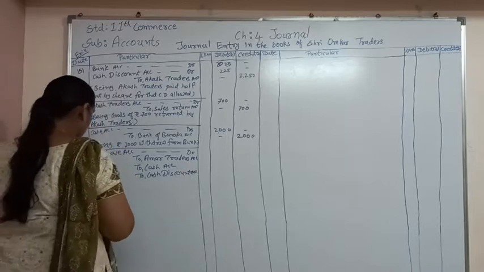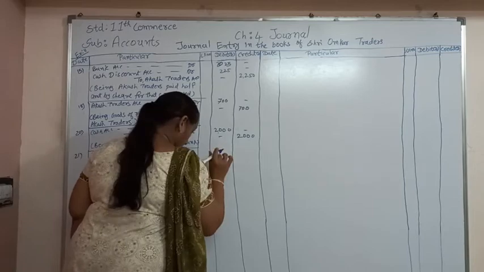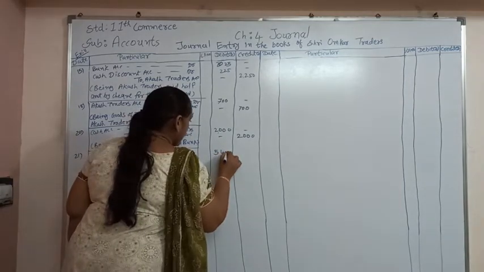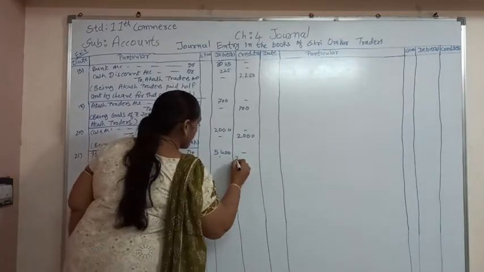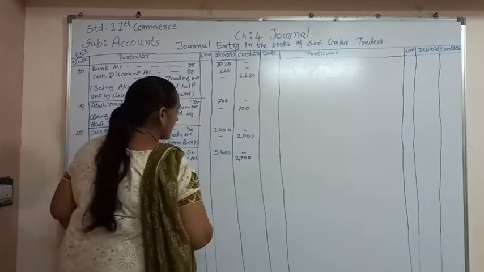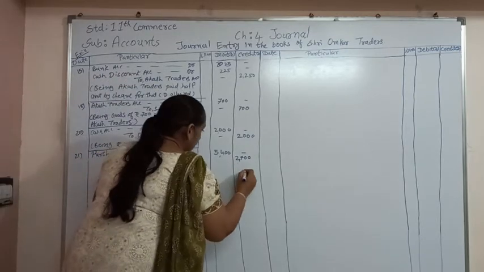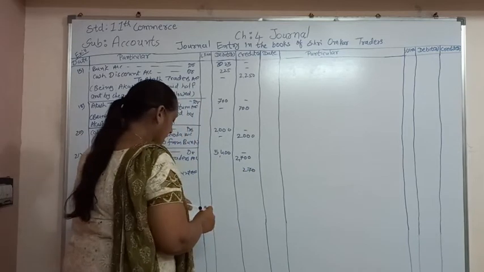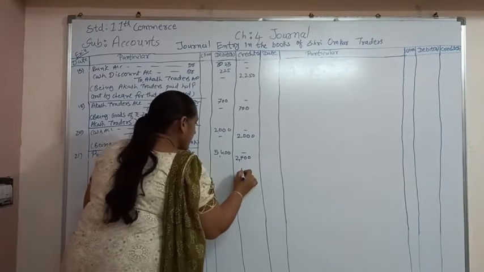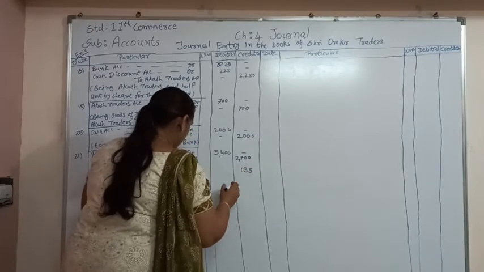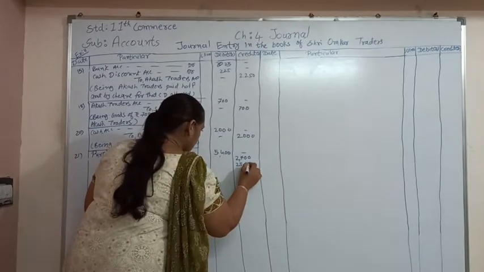So here goods of rupees 6,000, that for 10% trade discount, so that goods we have purchased on 5,400. From that half amount we have paid, so that will be 2,700, and we have taken the discount of 5%. So 5% discount will be 135, and the amount that we have paid will be 2,565.